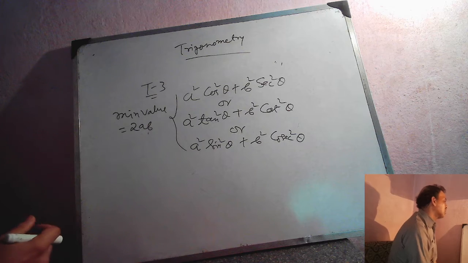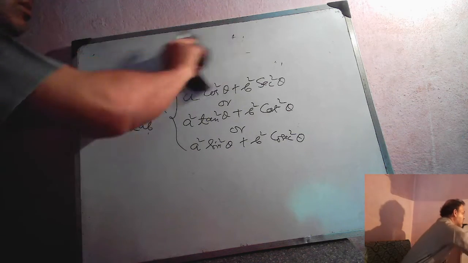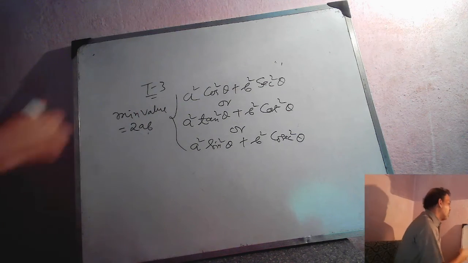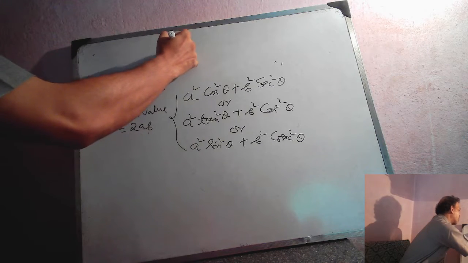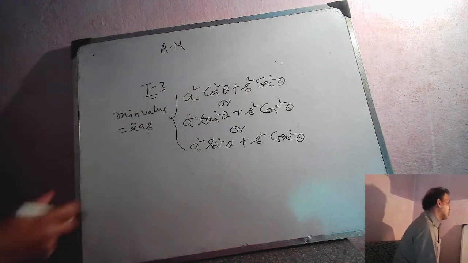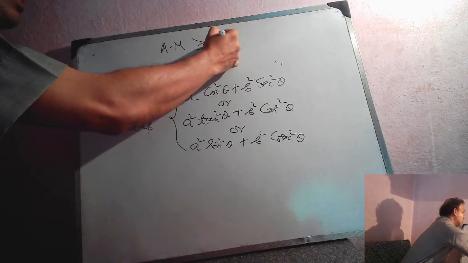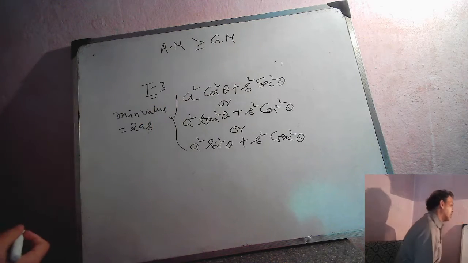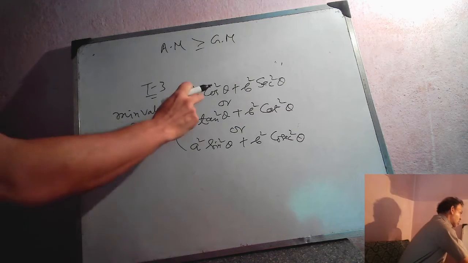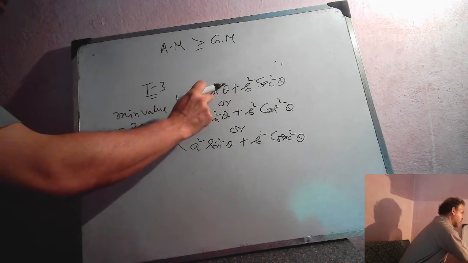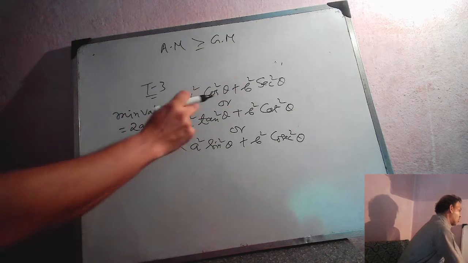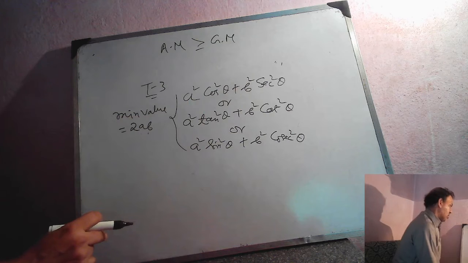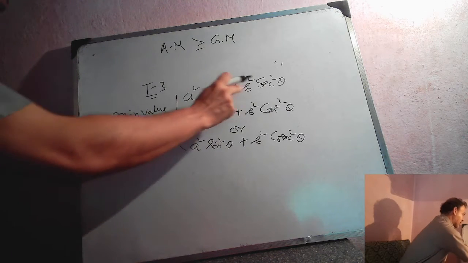How will you prove it? We have the formula AM greater than or equal to GM. AM means arithmetic mean, GM means geometric mean. We need the arithmetic mean of these two terms. Arithmetic mean means sum divided by number.